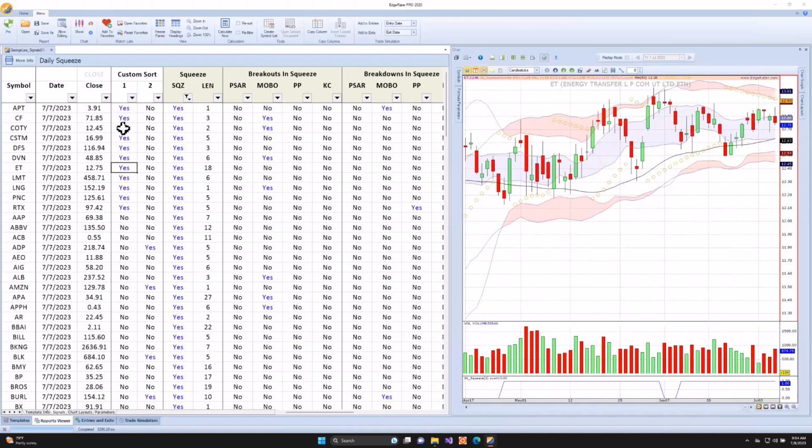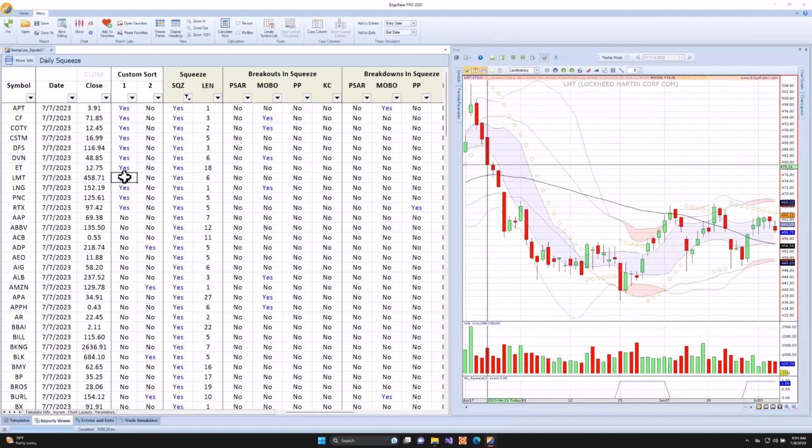So everything here with the yes is a potential trade entry, but you might only be interested in stocks that have been in a squeeze for a certain number of days, indicated by the length down here.